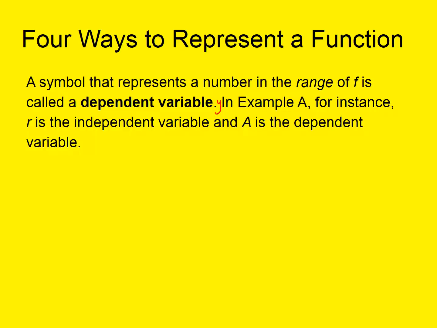Any letter we want, really, except x if we want to avoid confusion. In example A, for instance, r is the independent variable and A is the dependent variable. R is independent, the radius of the circle is independent, the radius gets to be whatever it wants to be, but then A must follow, it's dependent. The area just is what it is after r, the radius, has decided what it wants to be.